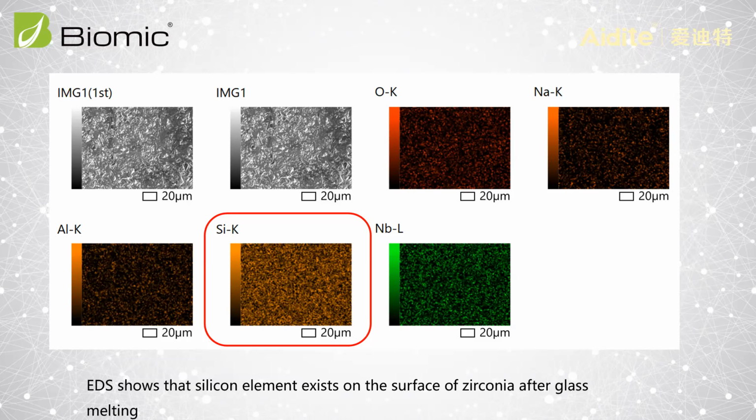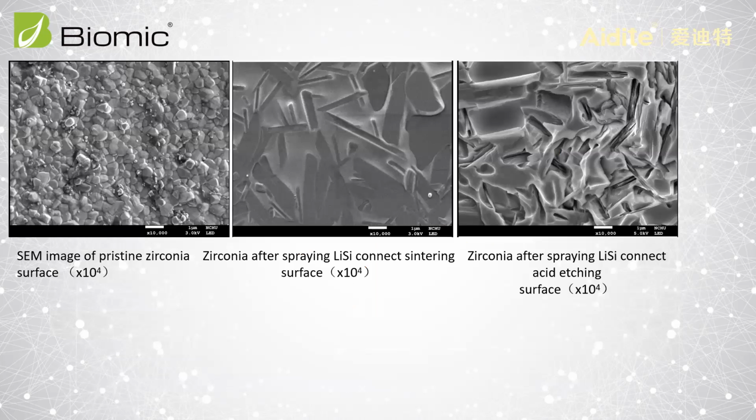So after that, we make zirconia veneers, but the bonding surface is glass ceramics. Under the SEM, the first picture is only the zirconia surface. In the middle is after we spray Lisi Connect and after sintering. And finally is after sintering, after spraying Lisi Connect and after etching.